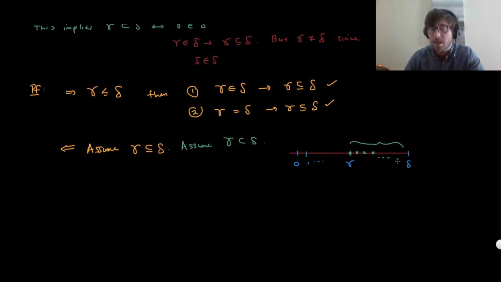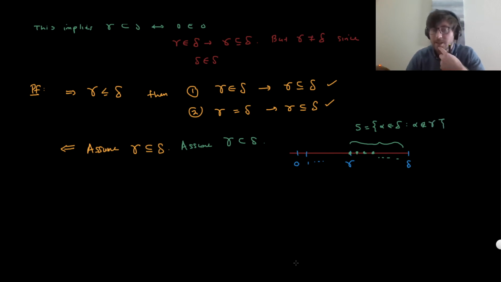One way to classify them is to say this is going to be the set, maybe we'll call it S. This is going to be all the elements of delta that aren't elements of gamma.